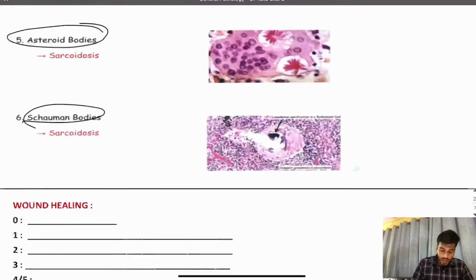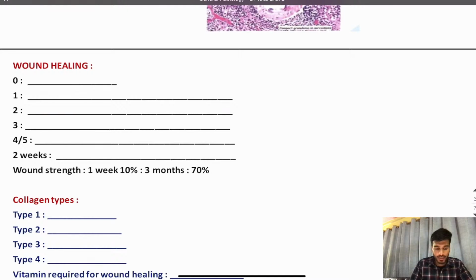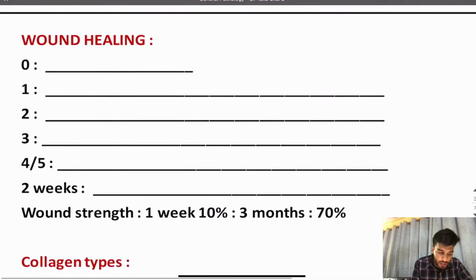Now then further guys, we'll discuss wound healing on a particular day. What are the following steps? So remember guys, on day 0, what is day 0? The same day. What will happen guys? Blood clot.